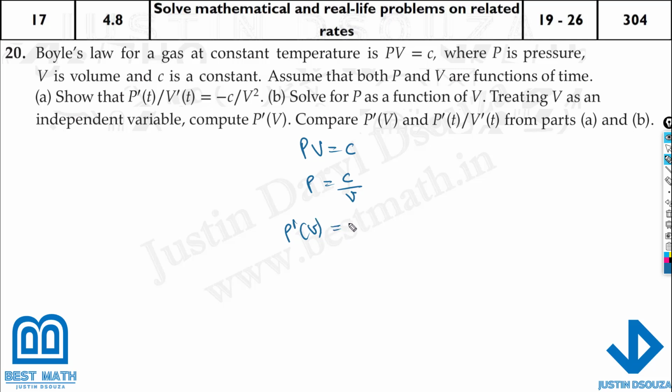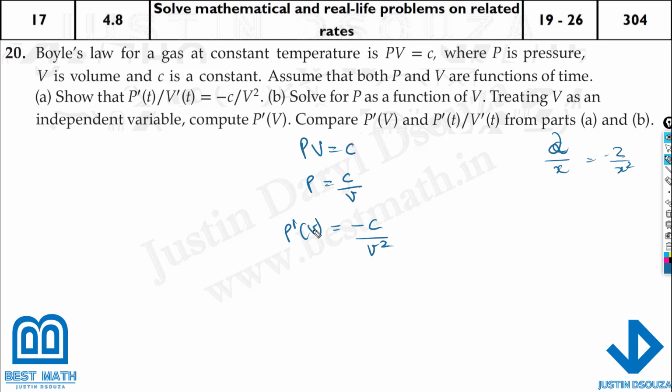Over here, we are deriving with respect to V. So imagine if it was constant 2 by x. We'll write minus 2 by x squared, isn't it? Because when we bring this up, it'll be minus 1, then the minus comes down, and x power minus 2. Same way, I'll directly write minus C by V power 2.